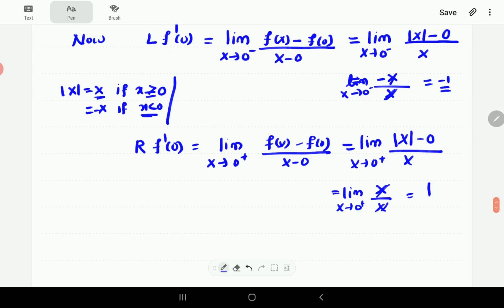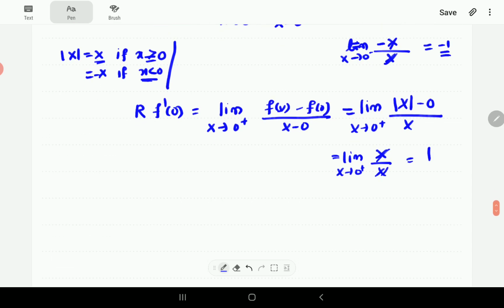Now here it is negative 1, here it is positive 1. They exist. Since the left hand derivative exists and the right hand derivative exists, but they are not equal, meaning the left hand derivative at 0 is not equal to the right hand derivative at 0, right?